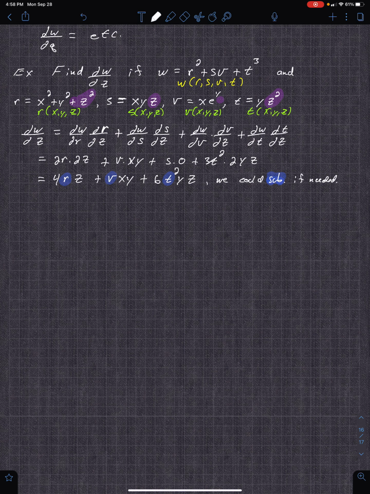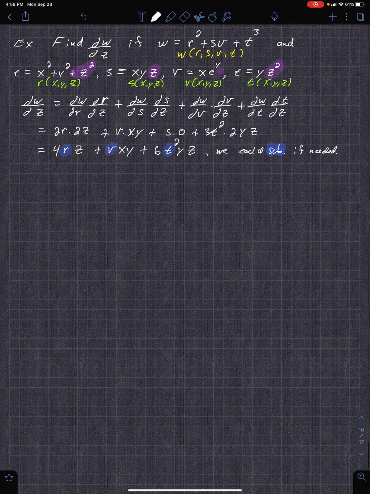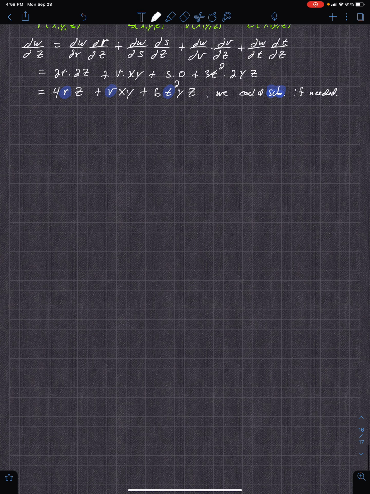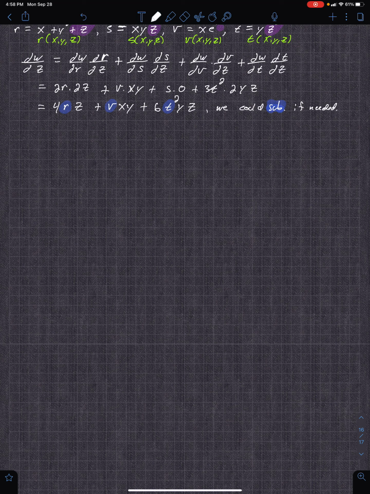You'll have a few to practice on that. Let's look at a formula. This is going back to implicit differentiation, and we're going to use this to find a formula. This is kind of neat. It'll make implicit differentiation a lot easier, although I don't really want you to memorize it. It's kind of nice to know. So let's take a look.